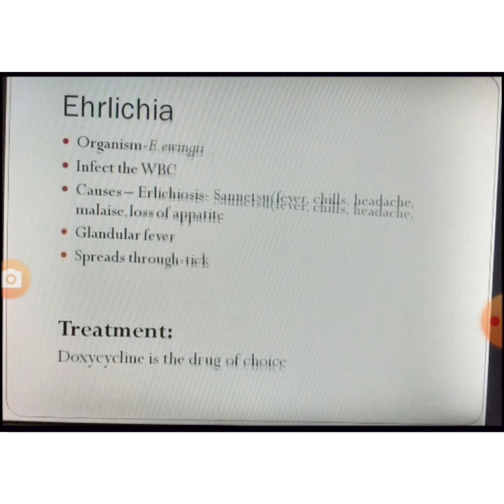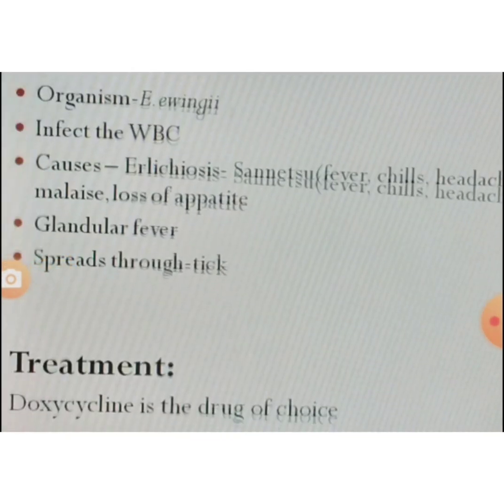Coming to the next group of organisms, that is Ehrlichia. This organism causes ehrlichiosis, and the organism that causes ehrlichiosis is Ehrlichia chaffeensis. I told you that this entire Rickettsiae group requires a host. It survives inside the host only. This group of organisms, Ehrlichia, are present inside the WBC and cause ehrlichiosis.